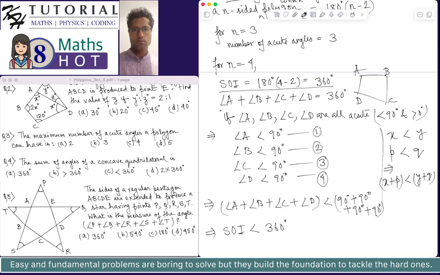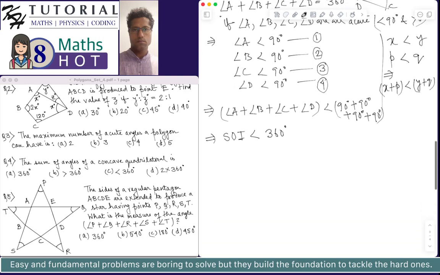I mean, by solution I mean that for n equals 4, it is not possible to have more than 3 interior angles which are acute. So we are targeting to find if there is any polygon of n sides where the number of interior angles which are acute is greater than 3.